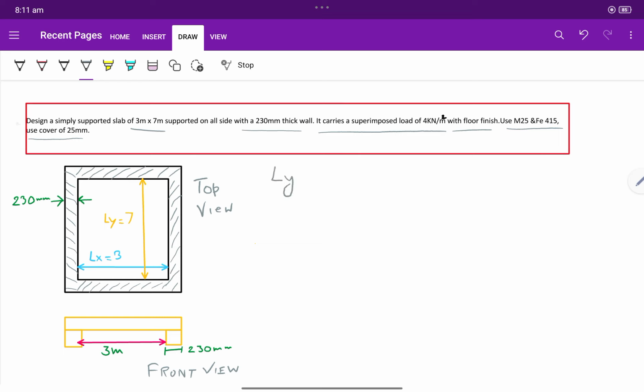Okay, so if we write the given, the longer span of the slab is 7 meter, so Ly is equal to 7 meter. Shorter span is 3 meter, so Lx is equal to 3 meter. The width of the wall is 230 mm. We have defined the width of the wall with b, so we are taking it as b. So b is 230 mm.